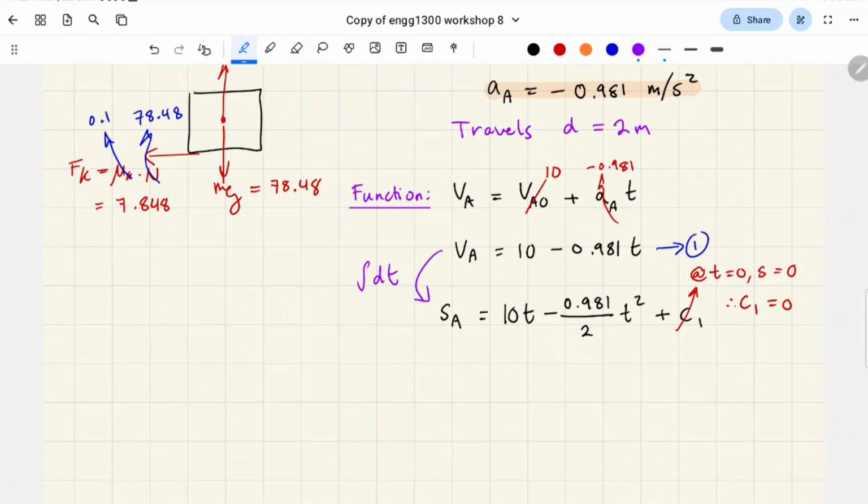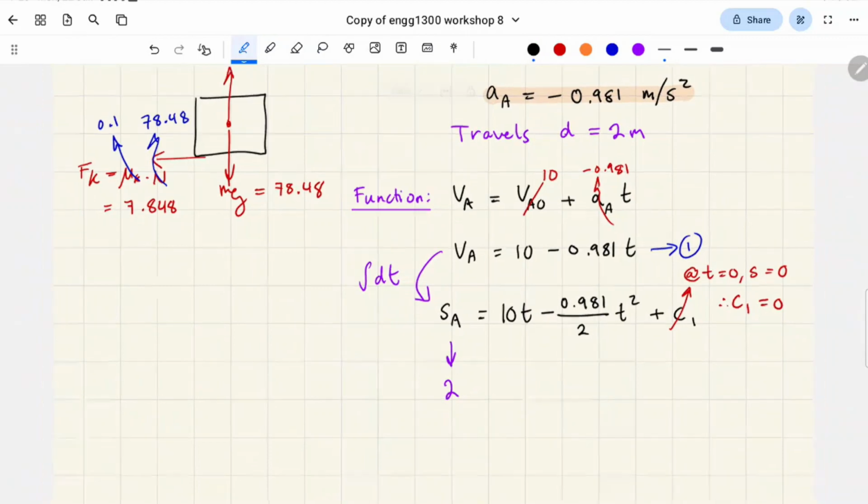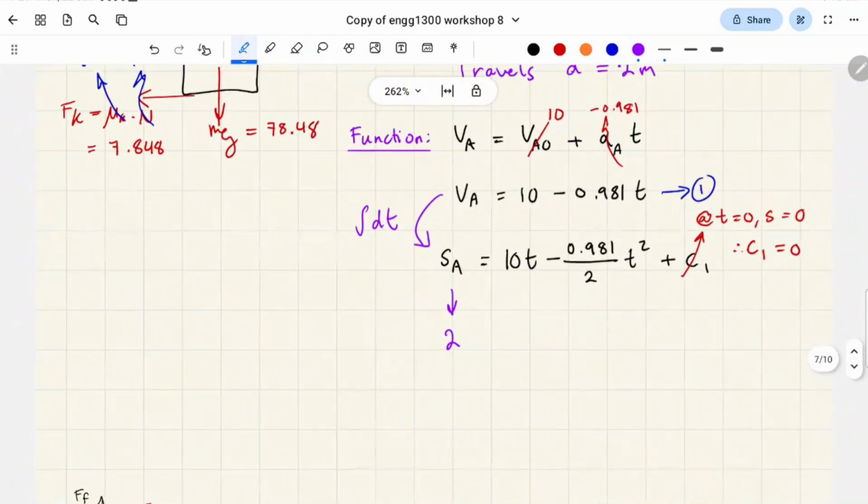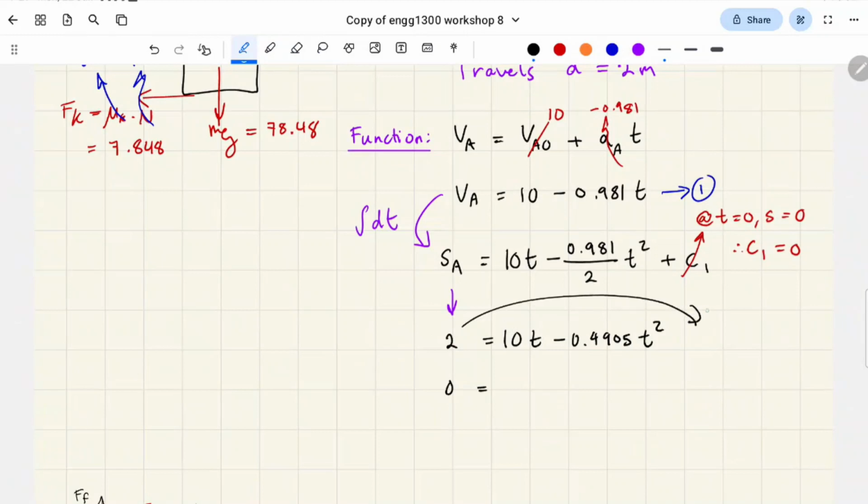What we can do with this expression is set s to 2, which is when it's here. When s is 2, we can solve for the time that it hits the box. So I'm going to set up the quadratic equation and move 2 onto the other side.